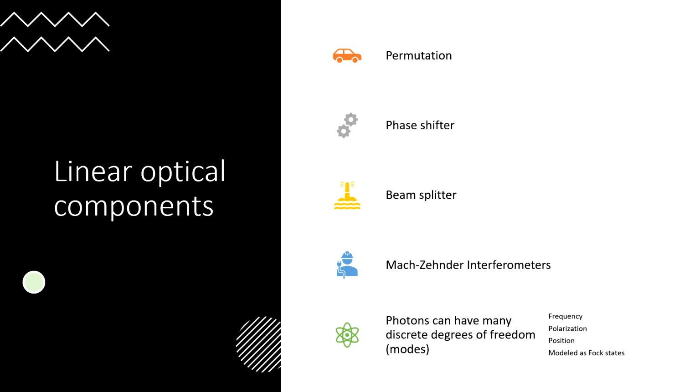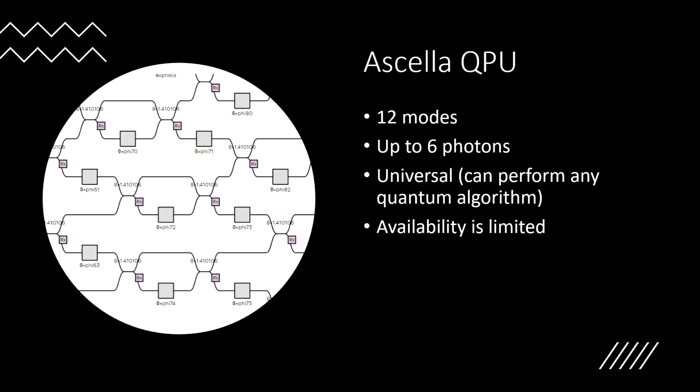Examples would be frequency, polarization, position, and they're modeled as Fock states. So this is a view of an Ascella quantum processor, and it has 12 modes and up to 6 photons. It's a universal quantum computer, so it basically can do the same things that IBM quantum computers can do, or any other universal quantum computer can do.